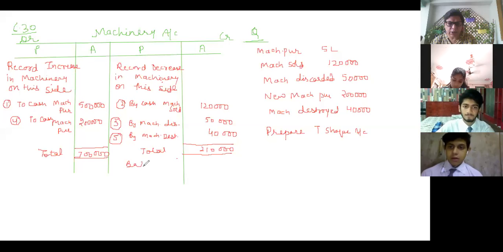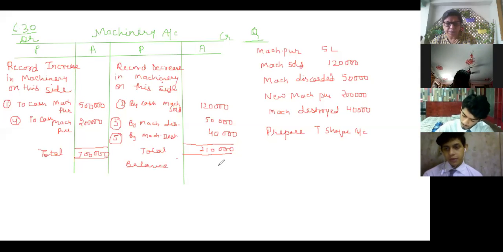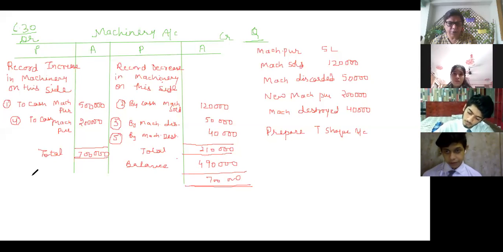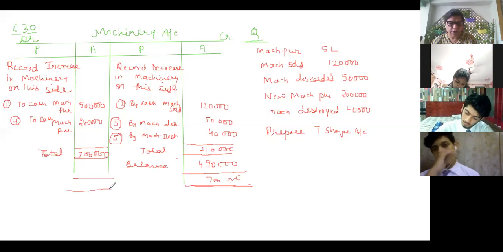Simply find out the balance: 4,90,000 over, and 7 lakh, with double line 7 lakh.